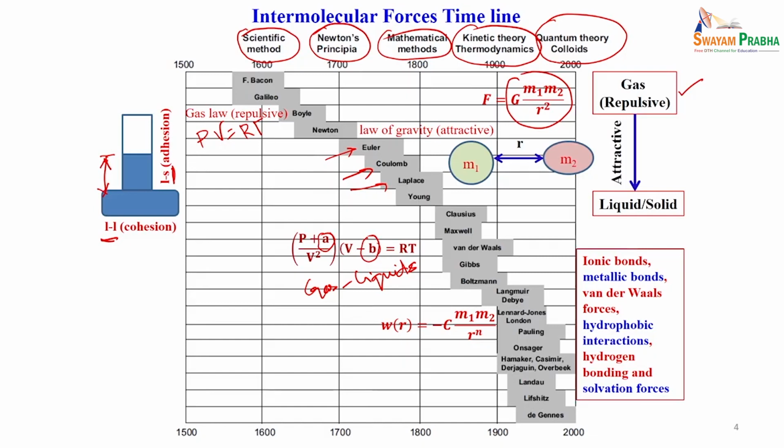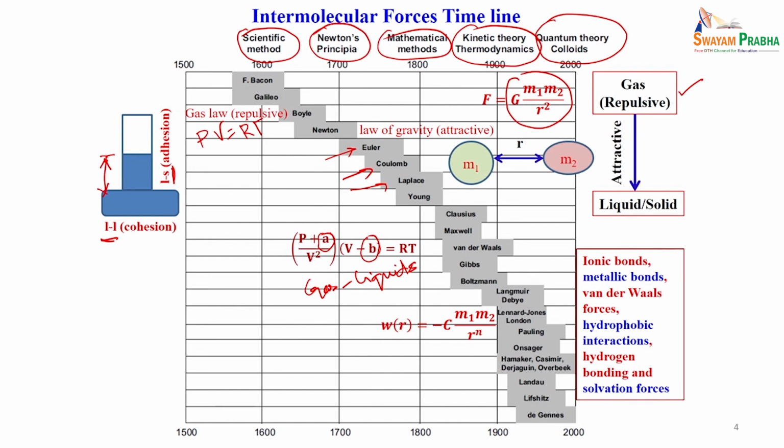Then again in the 20th century we started with quantum theory and colloidal interactions. So these are the different intermolecular forces which have emerged with time: ionic bonds, metallic bonds, van der Waals forces, hydrophobic interactions, hydrogen bonding, and solvation forces. About these forces we will be discussing in the next lecture, how they are expressed and what the function of these forces is.